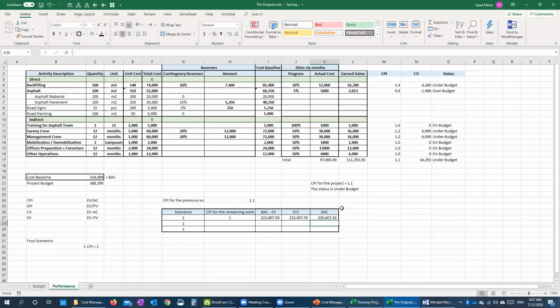What does that mean? That means even though I planned to finish this project at 334, I am expecting to finish the project at 320 because I did well in the first 6 months, but I'm not going to do that well in the remaining part.